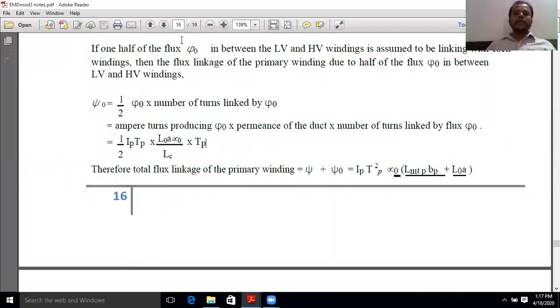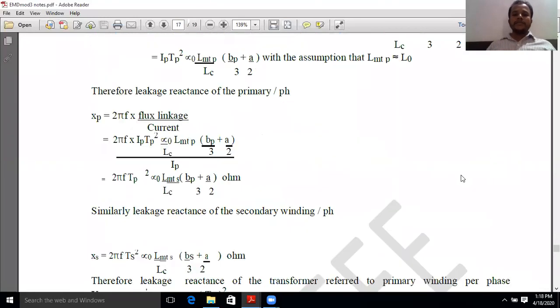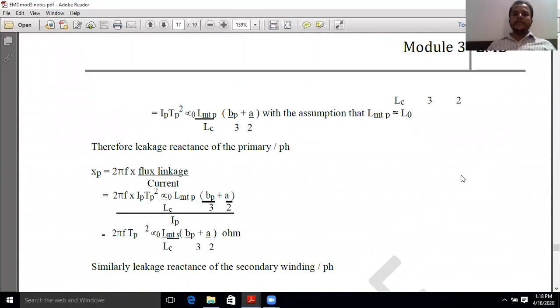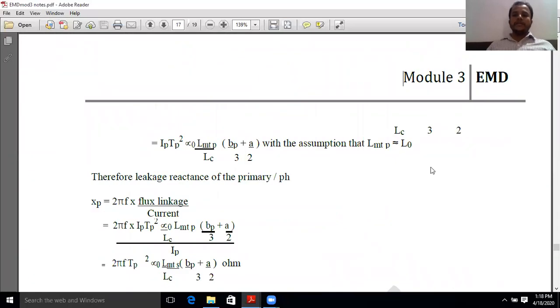So already we have calculated psi in the above equation plus psi naught. So then it is the total flux linkage of the primary winding. So here it is IP TP square alpha naught LMTP BP plus L naught A, divided by LC.